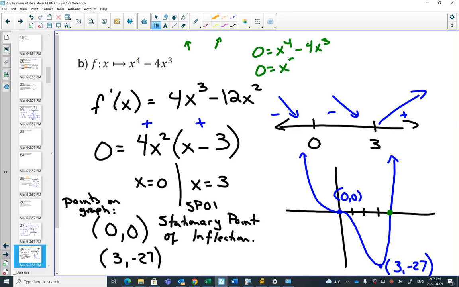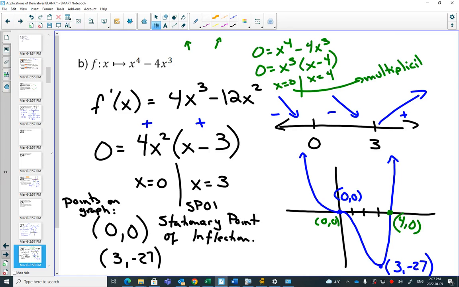And this one, you could factor out an x cubed, leaving you with x minus 4. I'll relabel 0, 0. And your two x-intercepts, your x-intercept of 0 has a multiplicity of 3.